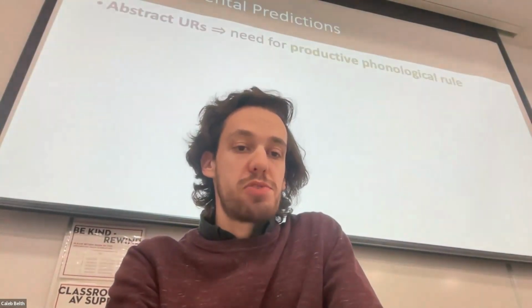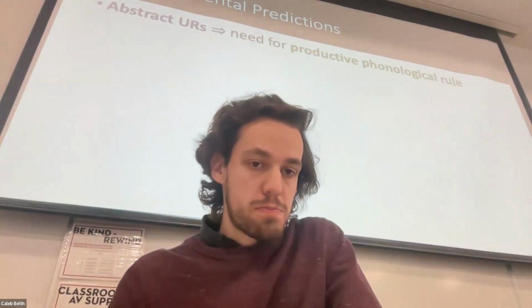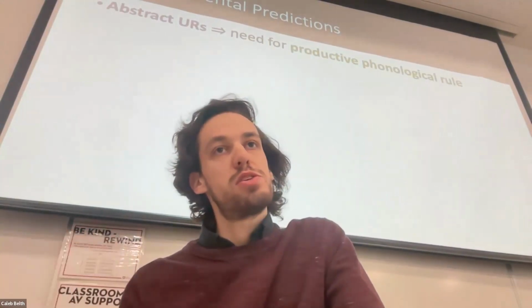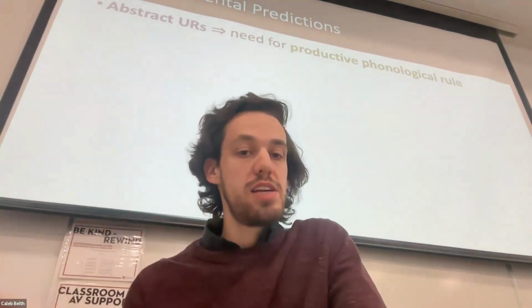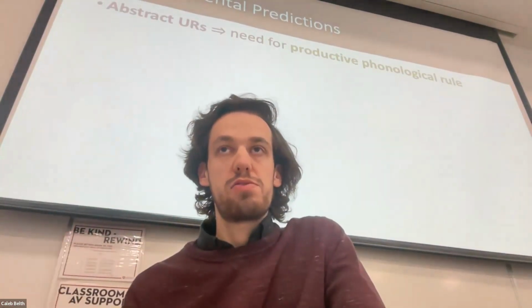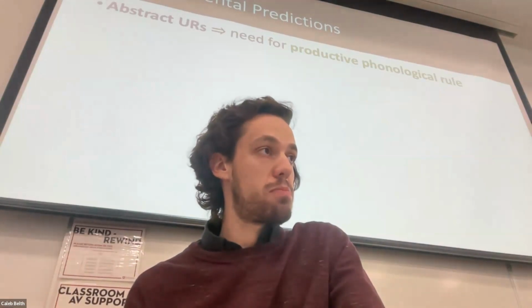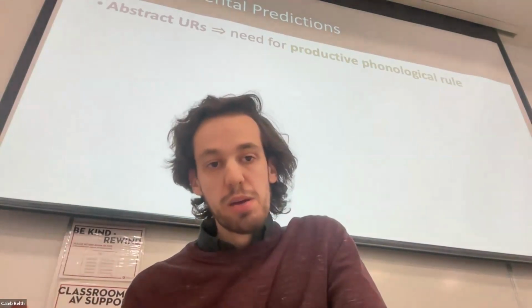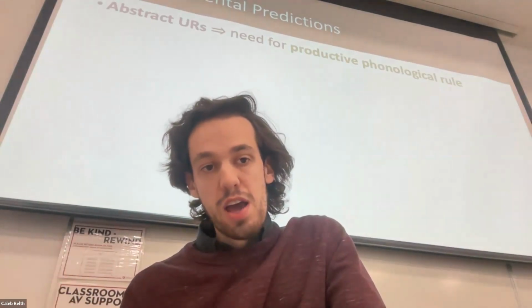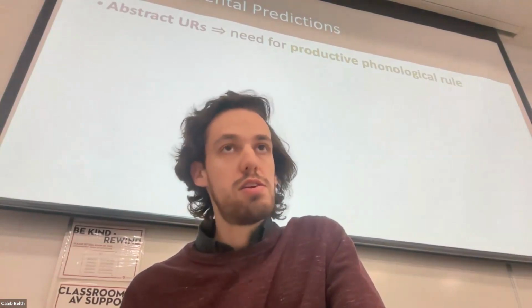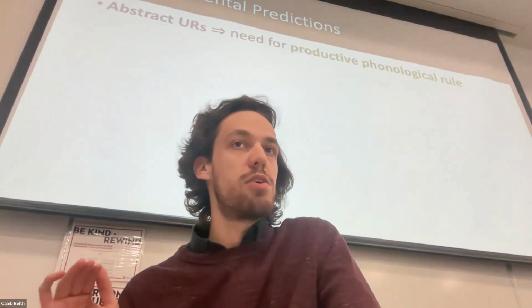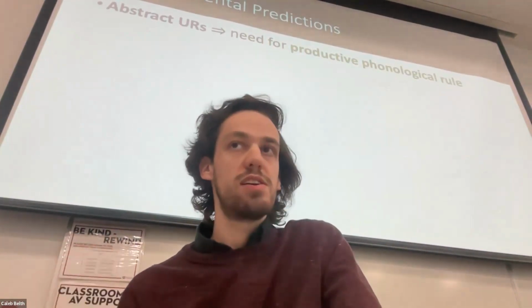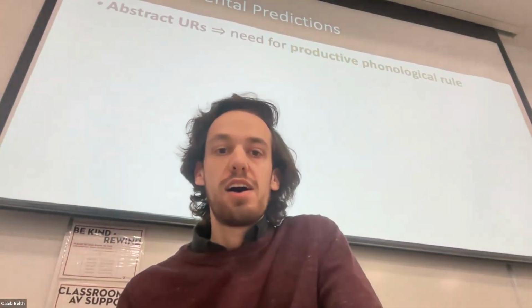I'm going to turn now to some results, but I first want to highlight this connection between setting up an abstract underlying form and the need for a productive phonological process to predict the surface realizations of that form. Because I'm going to be talking about some acquisition results, and it's very hard, if not impossible, to probe the representations that children have in their heads.